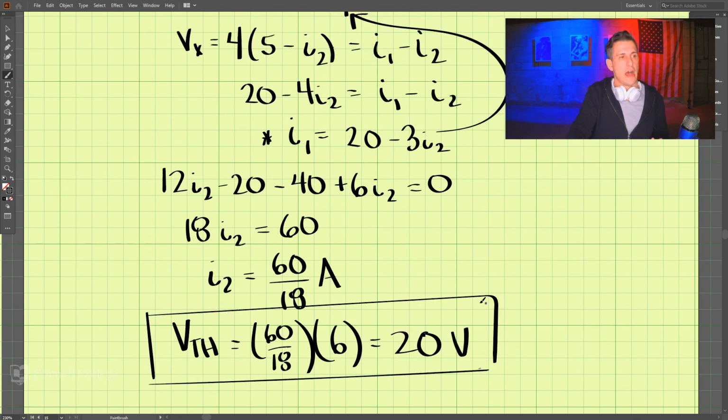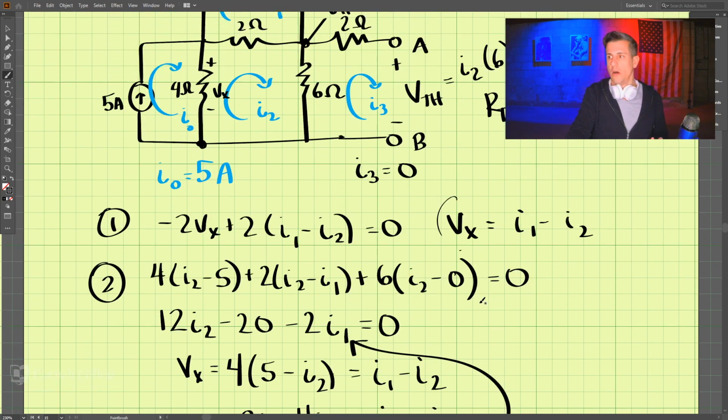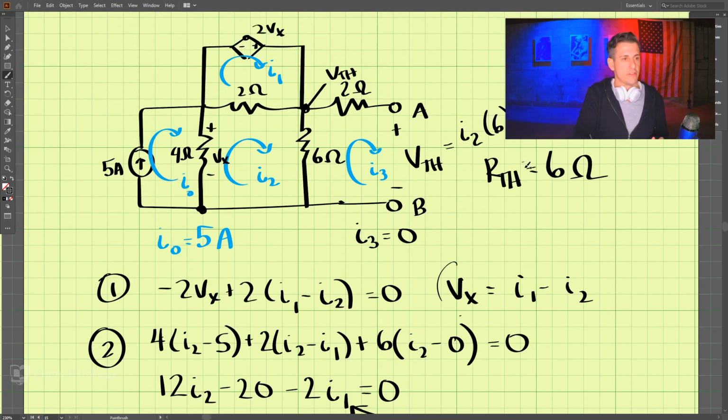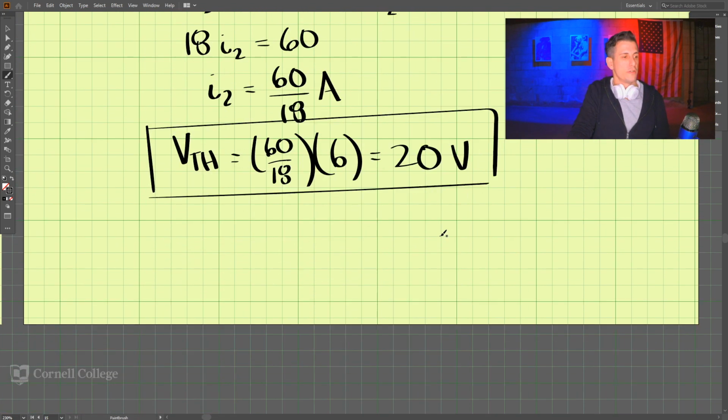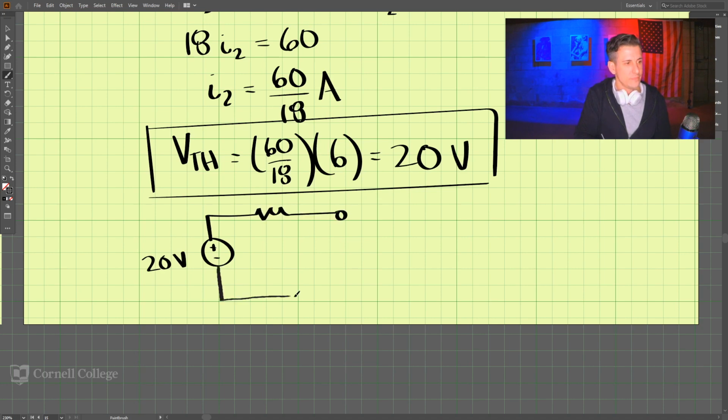And we've already found our Thevenin resistance here, which is 6 ohms. So our circuit would look something like this. We have a voltage source of 20 volts and then a resistor, and that resistor has a resistance of 6 ohms.